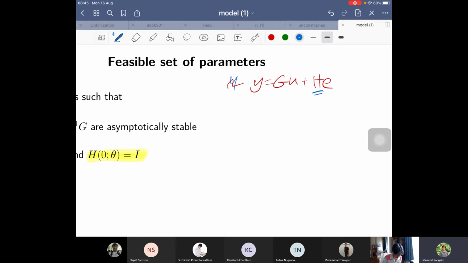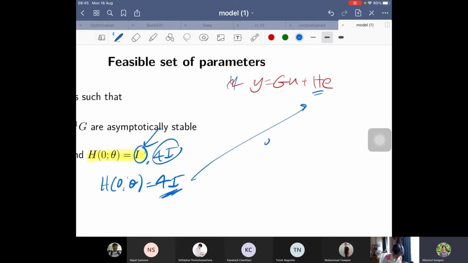If it is not equal to I, for example, if it is 4I, basically you can just define e tilde in another way.